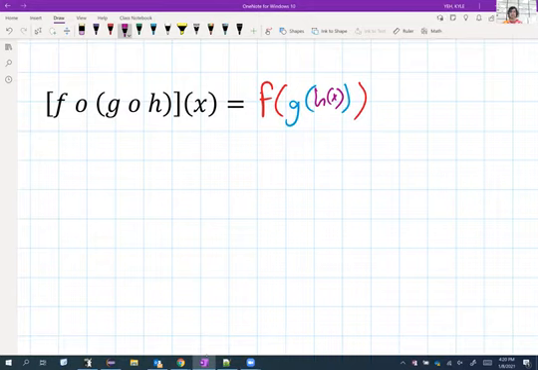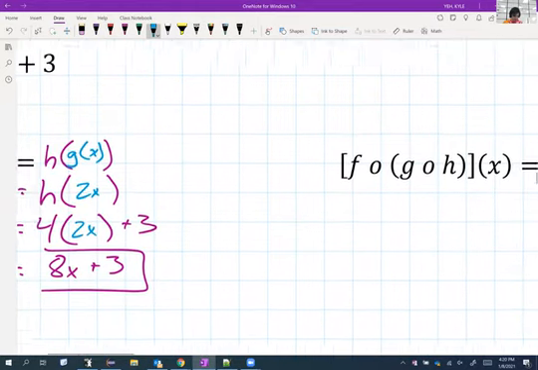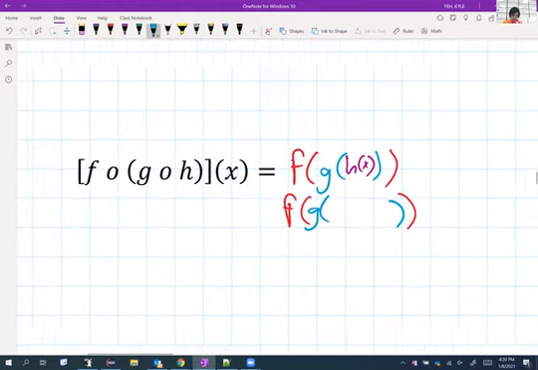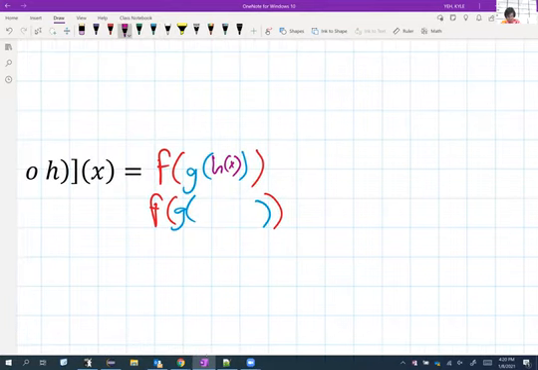I've been saying we start in the middle. Let's do that. So I'm going to leave the outsides the same. F of g of, and what was h of x? It was 4x plus 3. So 4x plus 3. So start in the middle and replace that. Let's keep working our way inside out.